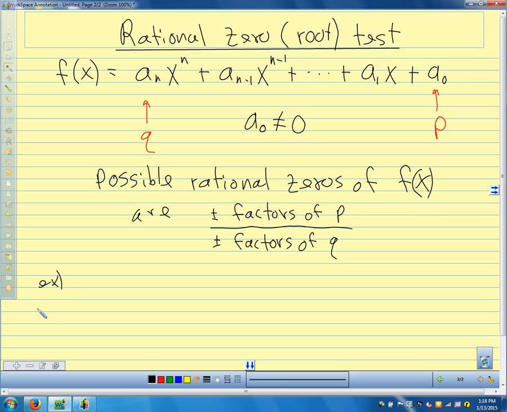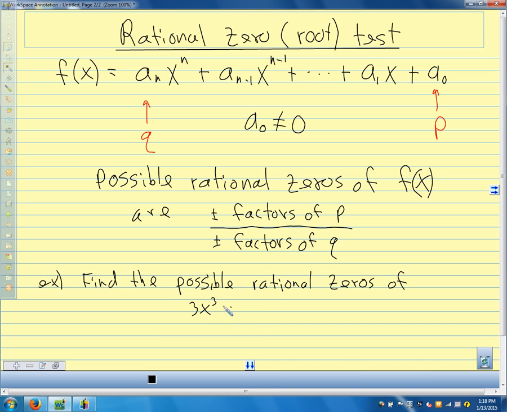So let's say we have our question says find the possible rational zeros of 3x to the third minus 20x squared plus 23x plus 10.